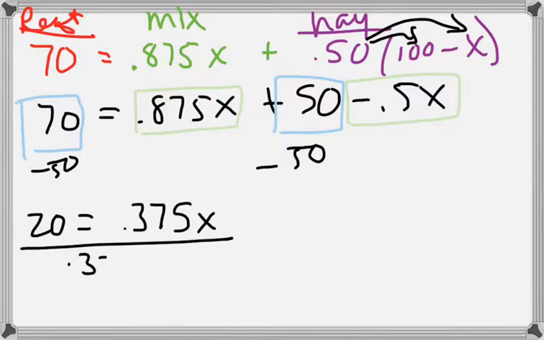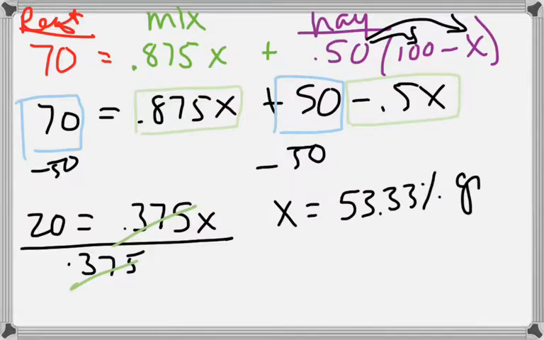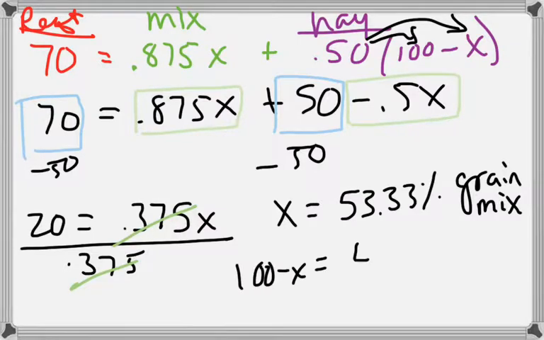Divide both sides by 0.375, and they cancel out. We're left with x equaling 53.33% of the ration dry matter as the grain mix. 100 minus x equals 46.67% hay. That's how you use a mix to solve a ration.